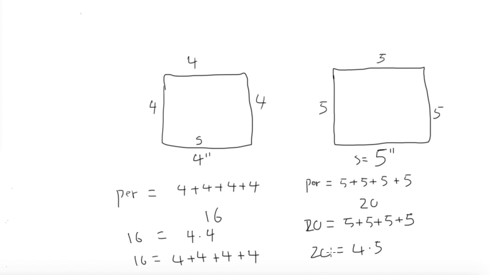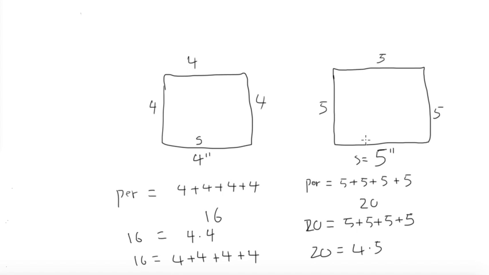So what changed? Let's look at what stayed the same first. Well, there's 4 sides. That's all the same on both of the squares. But the length of each side of the square changed. This is 4 inches, and these are all 4 inches, and this is 5 inches. So the size of the square changed.